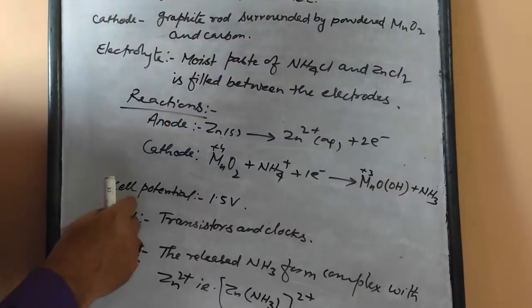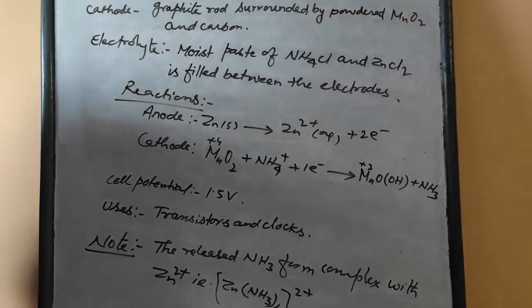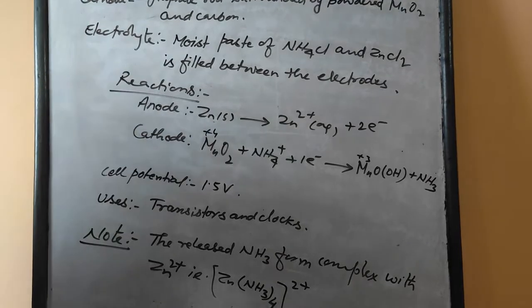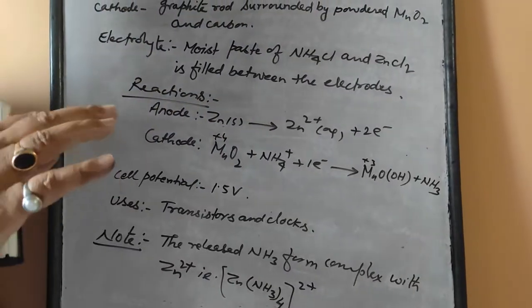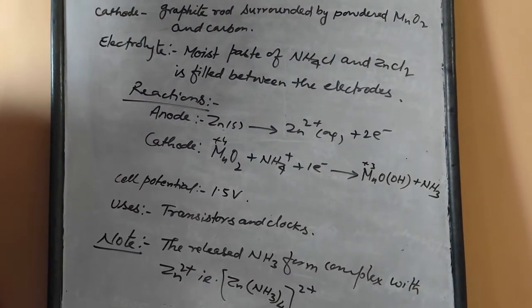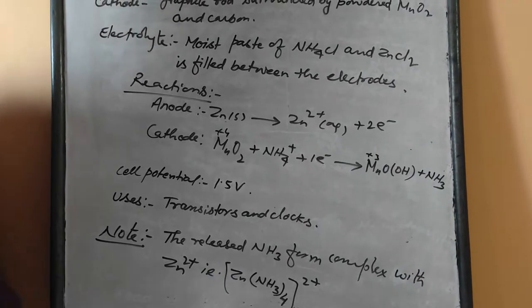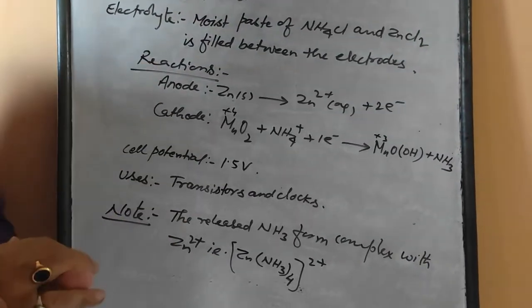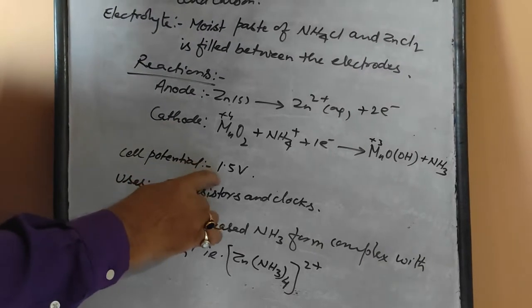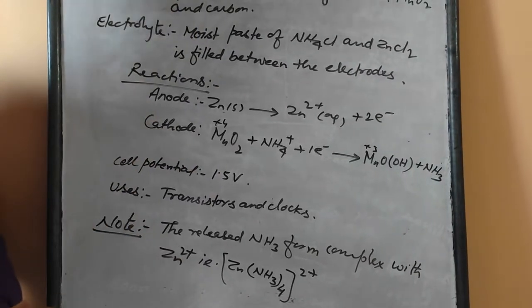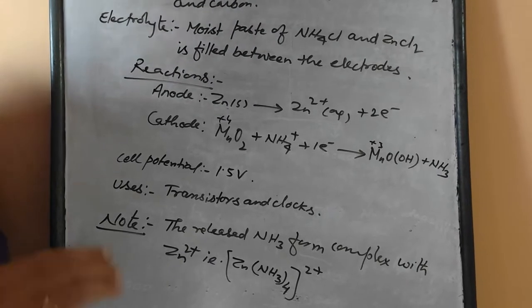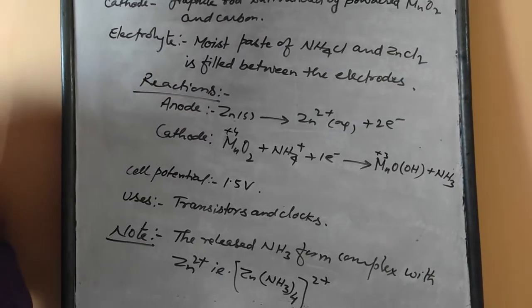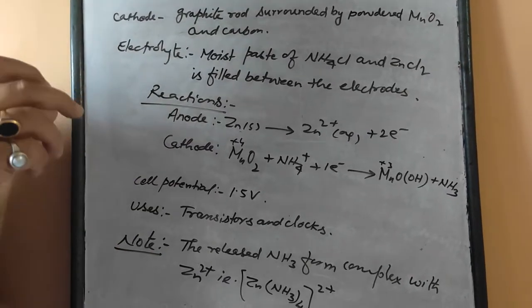Now, what is the cell potential? 1.5 volt. You have seen many types of dry cell. In the physics lab you have a very big dry cell. The potential given there is also 1.5. In your torch, you have a dry cell a little bit smaller.